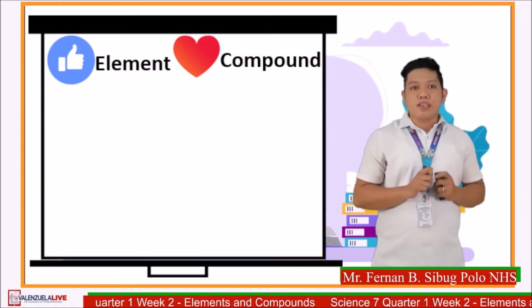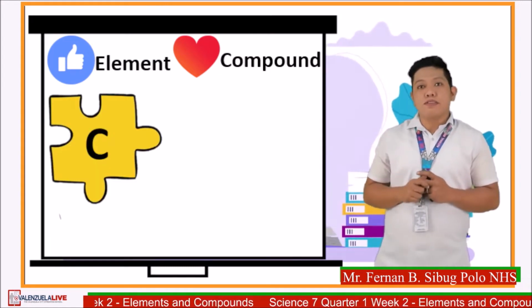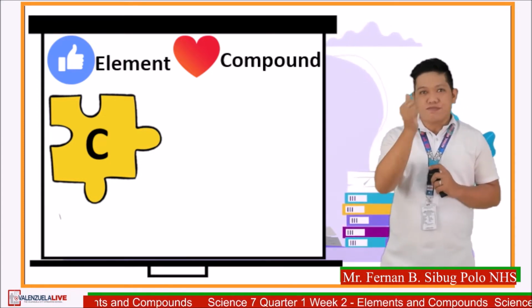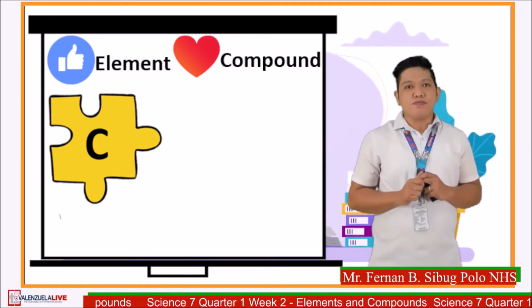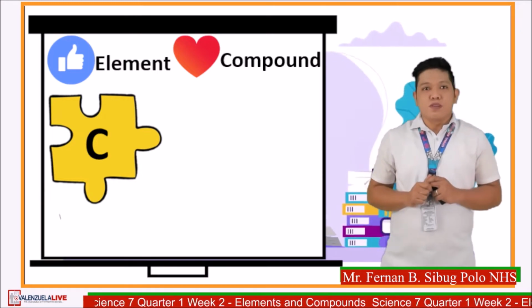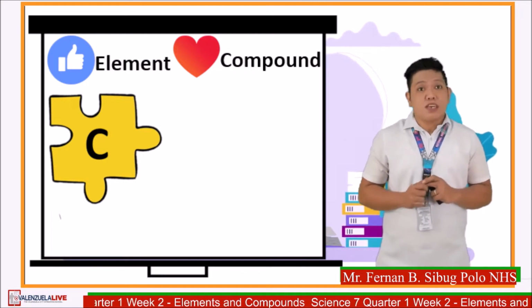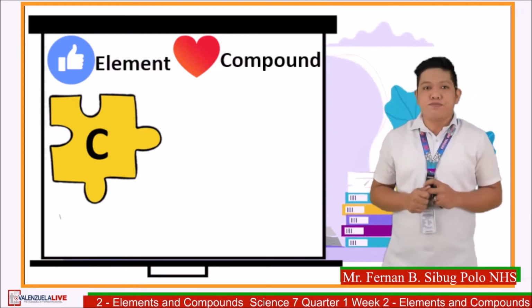The first one is carbon with a chemical symbol C. Is it an element or a compound? Click your answer. Okay, majority pressed the like. It is correct. C is an element, carbon.